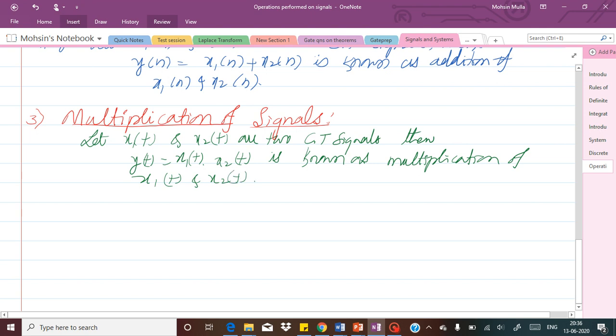Here y of t is obtained by multiplying the magnitude of one signal with the magnitude of the second signal for the same time instant.